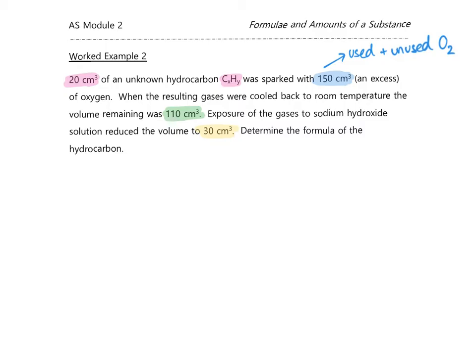But when they're cooled back to room temperature, that removes the steam. And so this value of 110 centimetres cubed is your carbon dioxide and your unused oxygen. Then you treat it with sodium hydroxide, and remember that removes your carbon dioxide. And so this value here is just your unused oxygen.